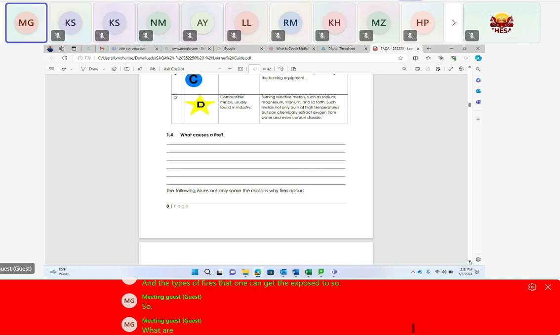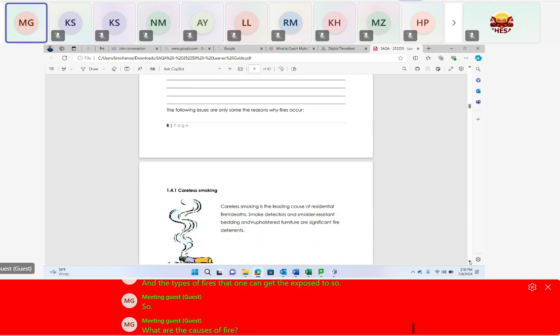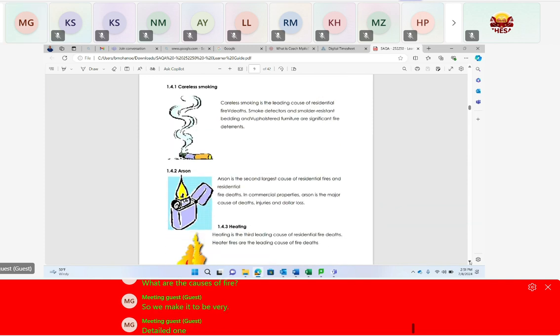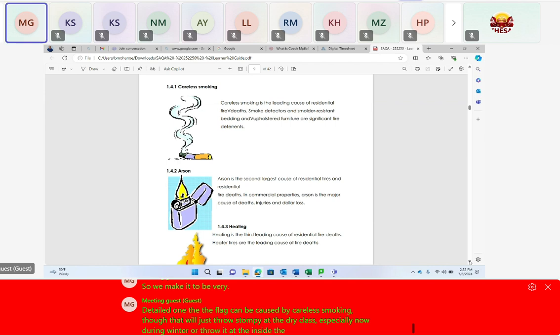So what are the causes of fire? We make it very detailed. One, the fire can be caused by careless smoking. Those that will just throw a stump at the dry grass, especially now during winter, or throw it inside the dustbin or where there's dumping.